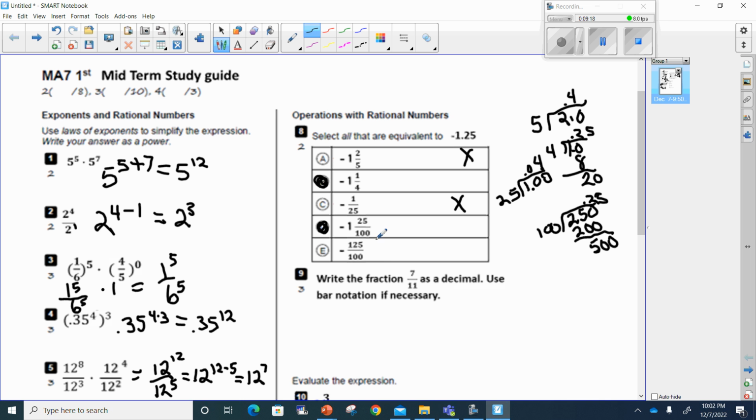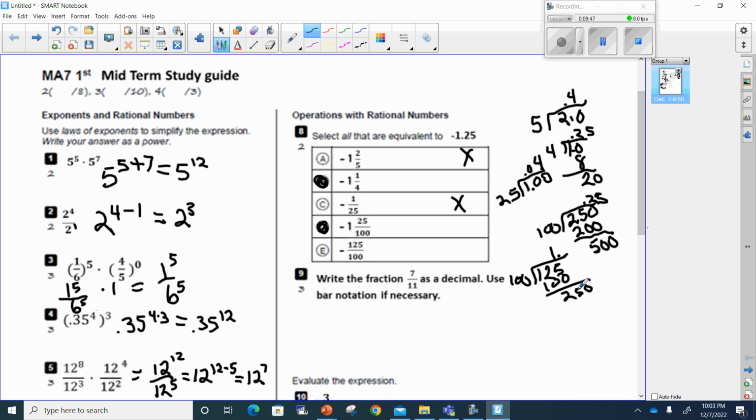Last one, we've got negative 125 over 100. Well, this is going to equal, let's see, 125 divided by 100. Well, my decimal is going to be here. I know 100 goes into this 1 time, leaving me 25.